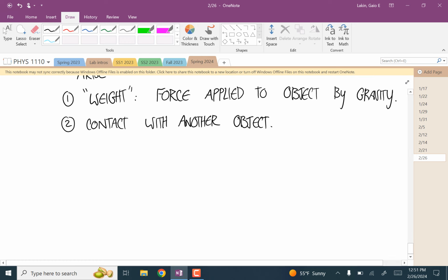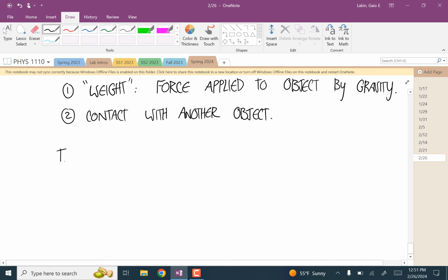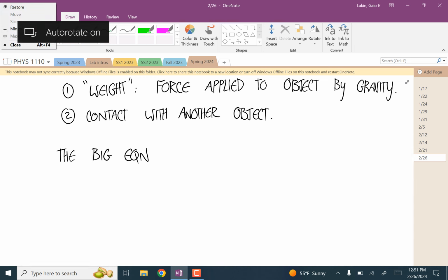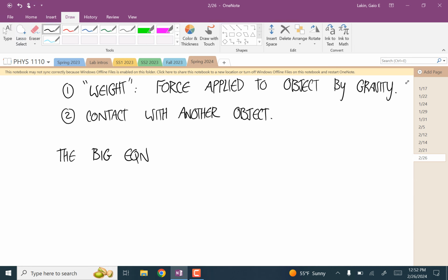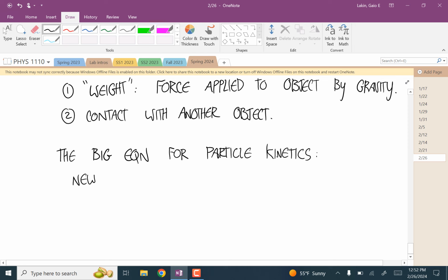Now that I've introduced these ideas of mass and force, the big equation for particle kinetics is Newton's second law.